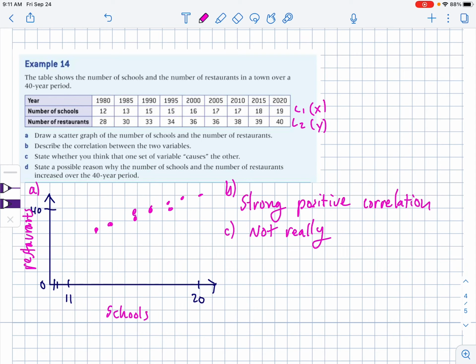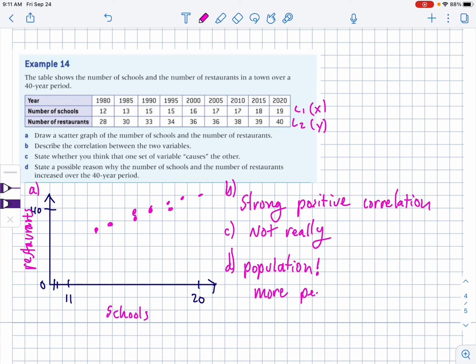But it says state a possible reason why the number of schools and the number of restaurants increased over the 40-year period. I think population is the confounding factor here. As population increases, so will the number of schools and number of restaurants when you have more people.